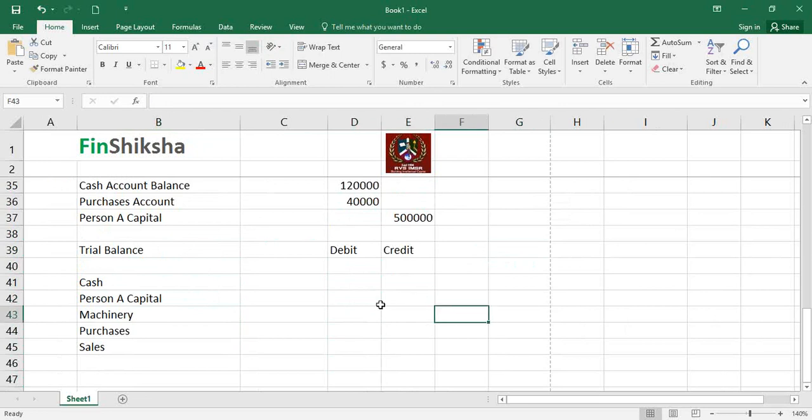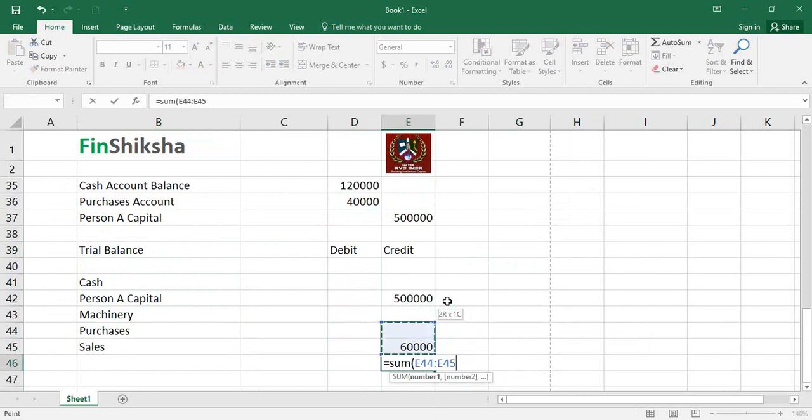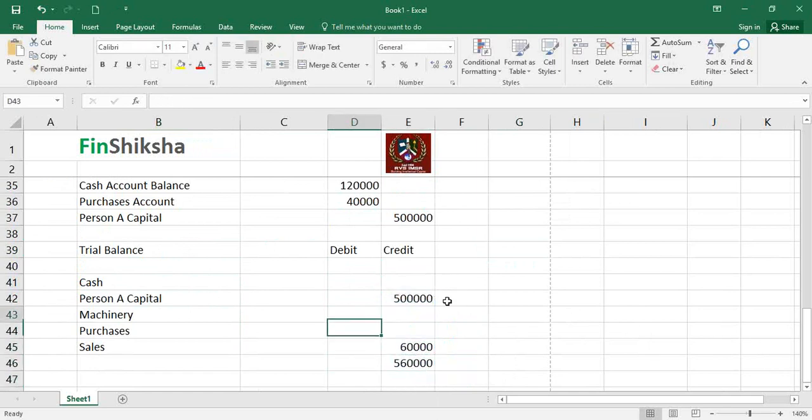Let's put in the credit entries first. We know person A capital 5 lakh is credit and sales 60,000 is credit, right? So that's equal to the sum of these five. Cash is, note the cash account balance is a debit balance of 1,20,000. Then you have 4 lakhs here, and then you have purchases worth 40,000.